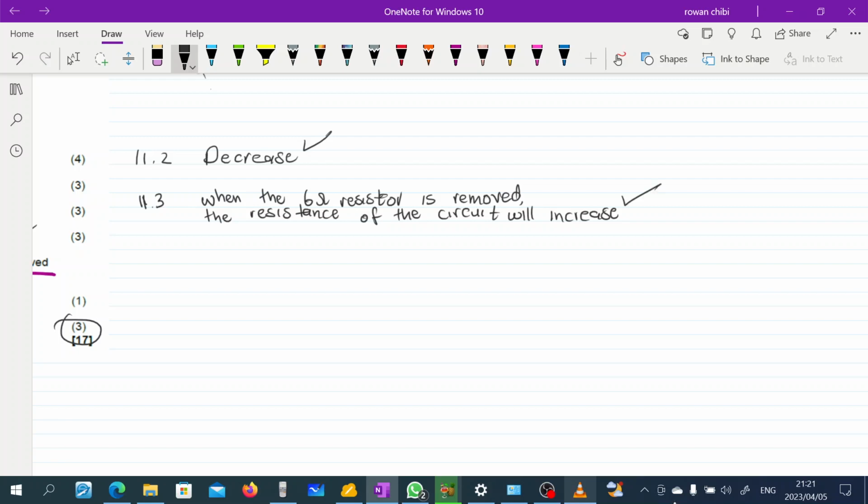That's correct. Then if resistance increases, the current will decrease.